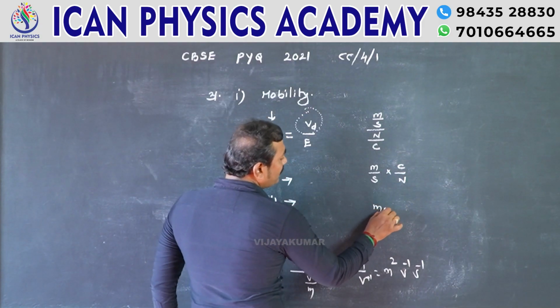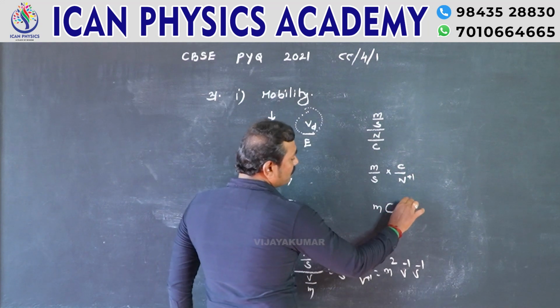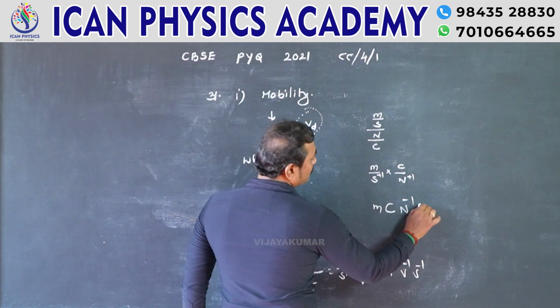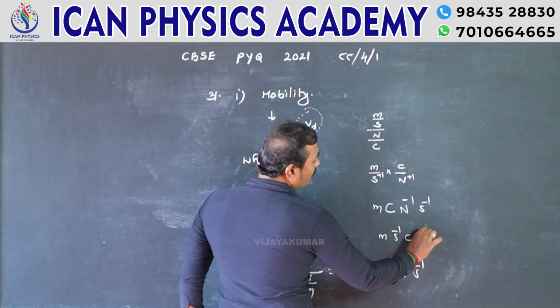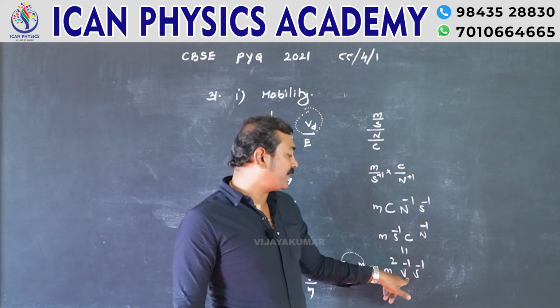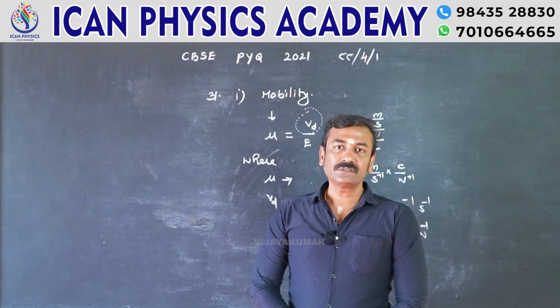The power plus 1 goes to the numerator as minus 1. So meter per second coulomb per Newton is the equivalent unit of meter square per volt per second. Okay. Do you get it now? Do you have any doubts?